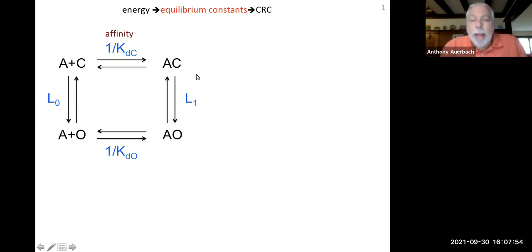Now, I said there are two acetylcholine binding sites, so there would have to be a second square over here, but we're going to keep things simple and just talk about one site at a time. And again, this is the only rate constant that changes between going from closed to open, from without agonist to with agonist. It's this forward rate, because of that transition state change.